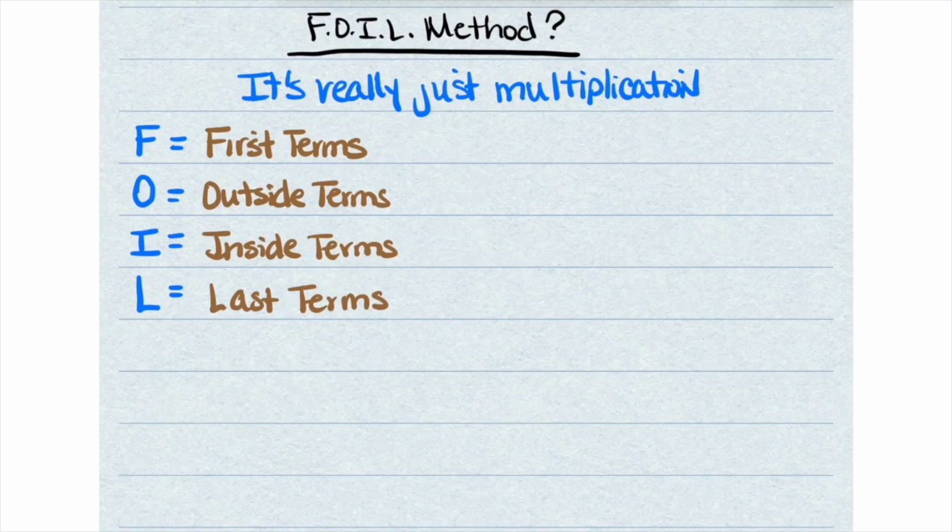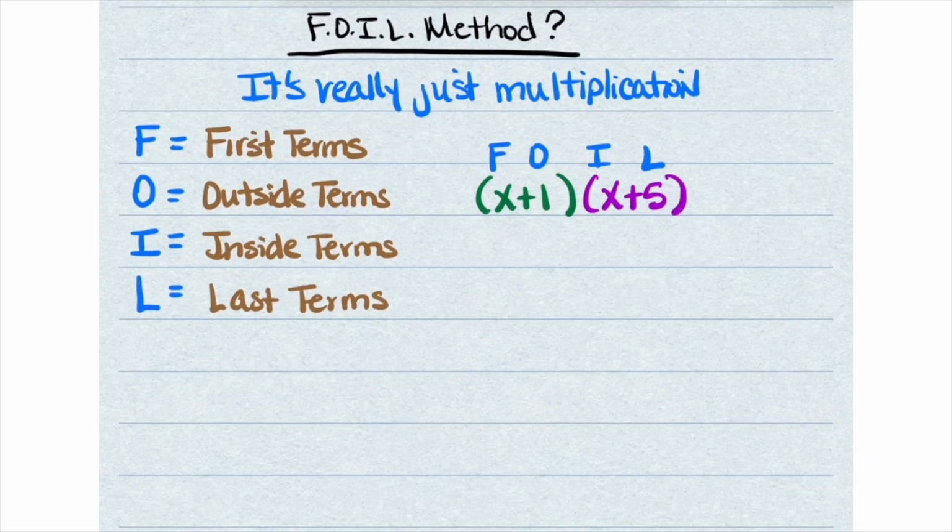If you had something that looked like this, x plus 1 times x plus 5. What I normally teach my students to do is to put the letters right above it just so you can remember you're doing the FOIL.